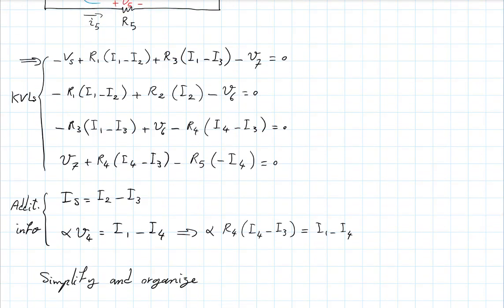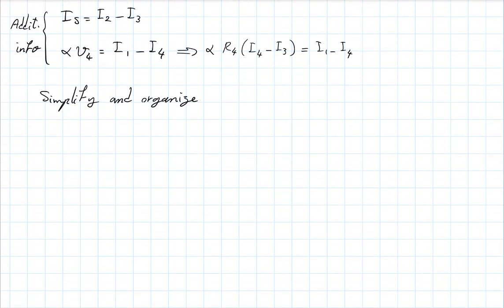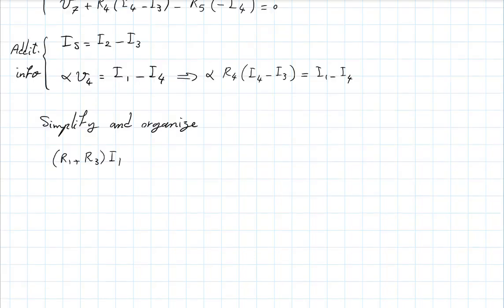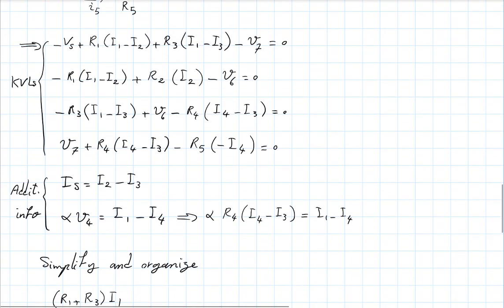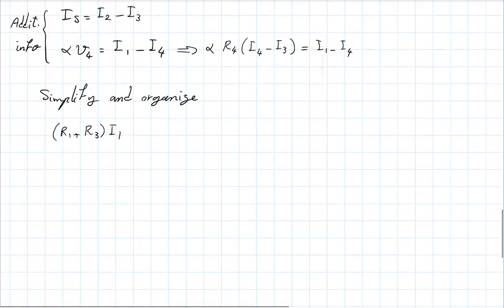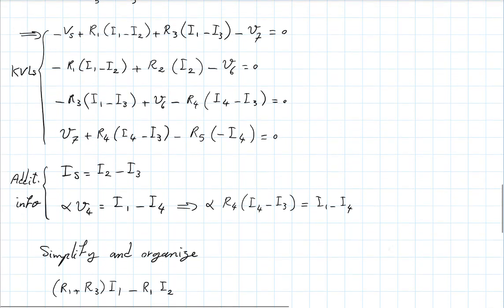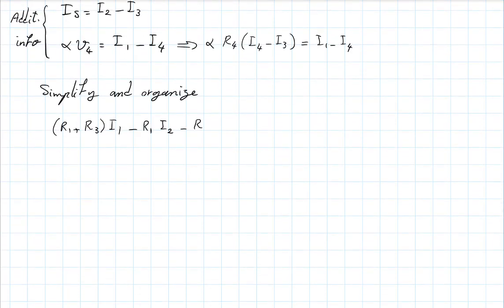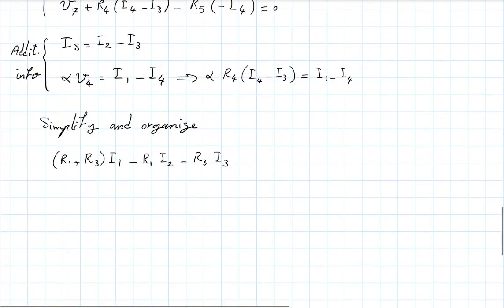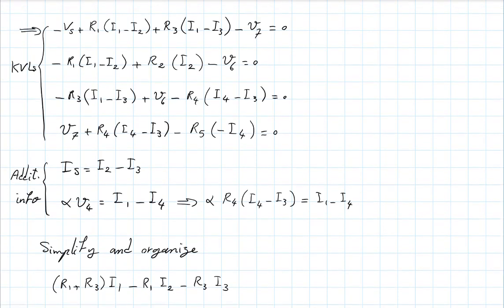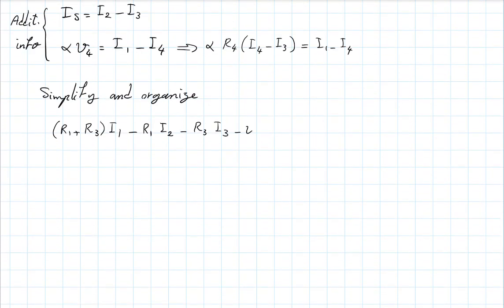So in the first equation, I have R1 plus R3 times I1, and then minus R1 I2, minus R3 I3, minus V7, which is an unknown.